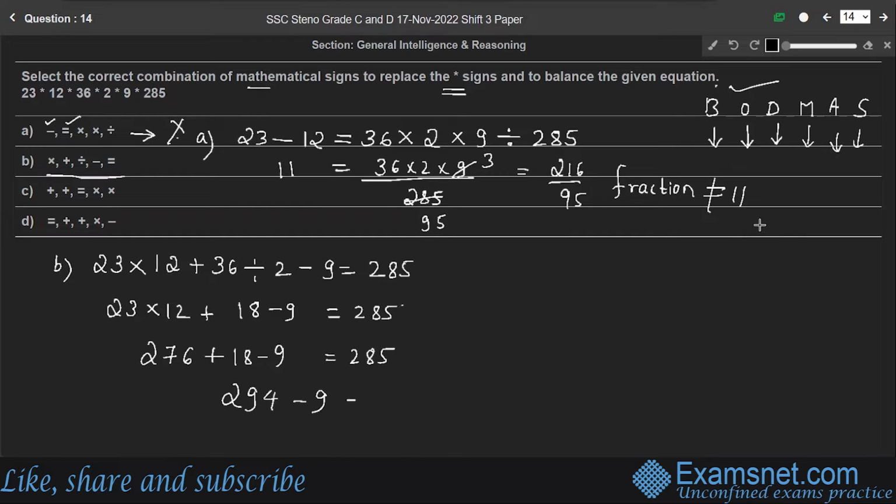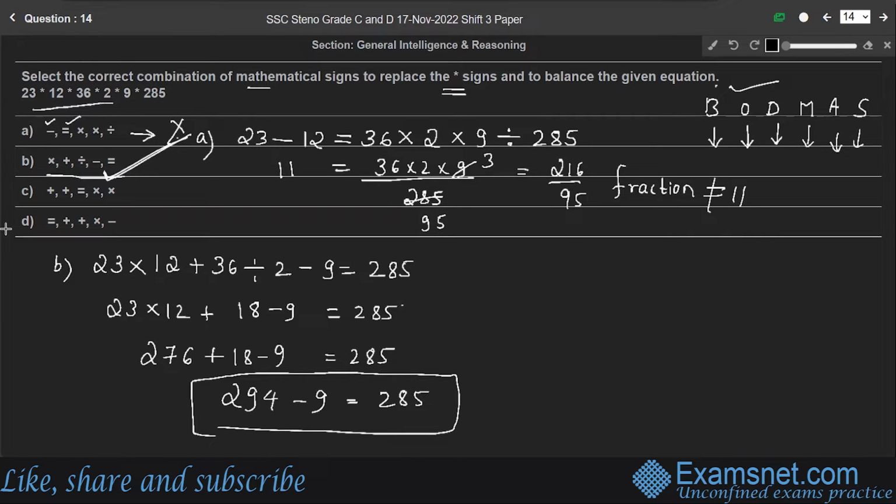Minus 9 should be equal to 285, which is right. 294 minus 9 is equal to 285. Therefore, option B balances the given equation, right? So if you replace the given asterisk signs with the mathematical signs according to option B, the equation will get balanced.